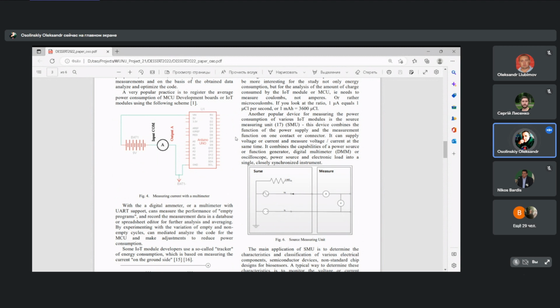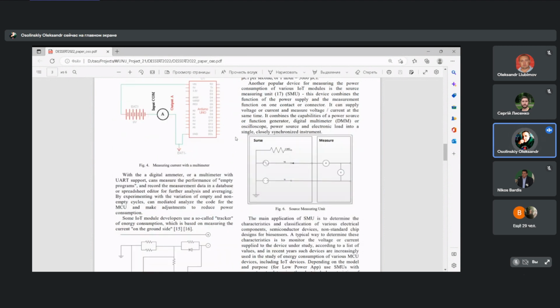But that method is not good, because we have a direct connection and a tiny current, and it's not possible to measure current at a high precision level.